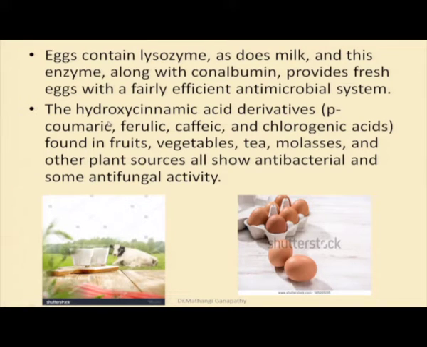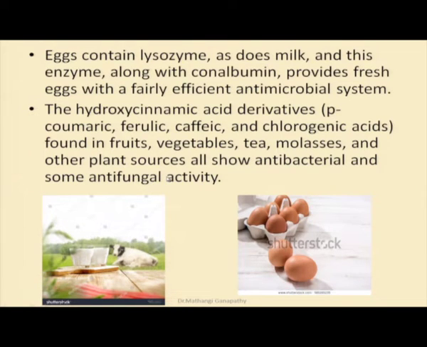Egg, another well used food component, contains lysozyme. Milk also contains lysozyme, and this lysozyme along with conalbumin provides the eggs with a fairly efficient antimicrobial system. The hydroxycinnamic acid derivatives, the paracoumaric, the ferulic, the caffeic and the chlorogenic acids found in the fruits, vegetables, tea, molasses and other plant sources all show antibacterial and antifungal activity.